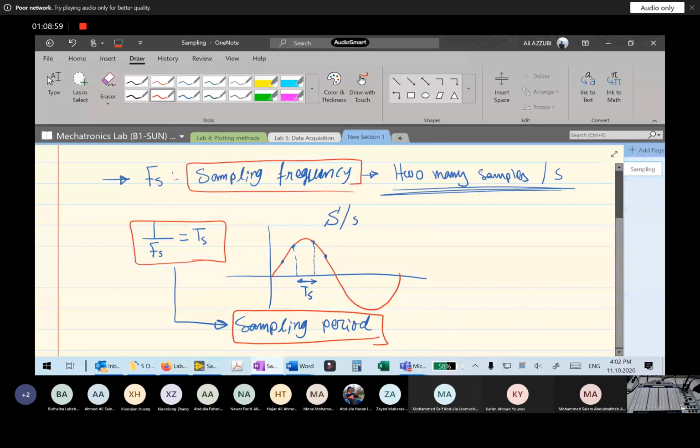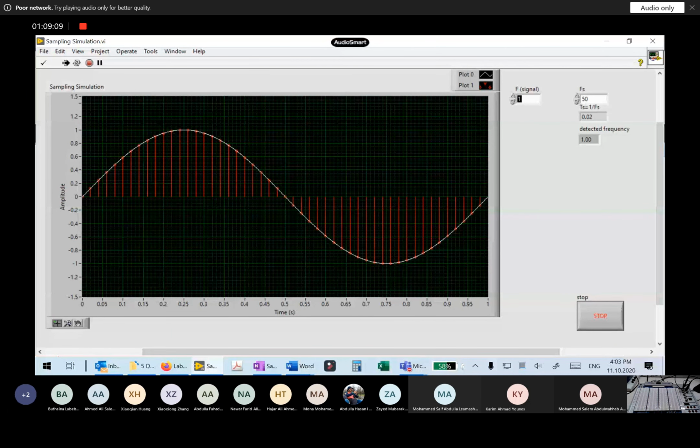So here what I have is a real signal with some frequency I can change here, and I'm acquiring this signal at the sampling frequency Fs. Here Fs is 50. I have 50 samples per second.